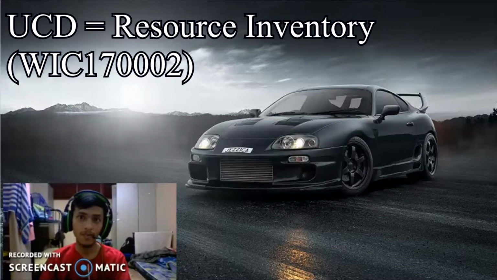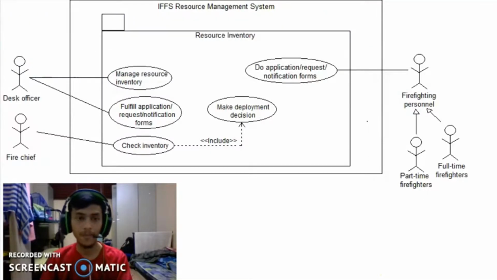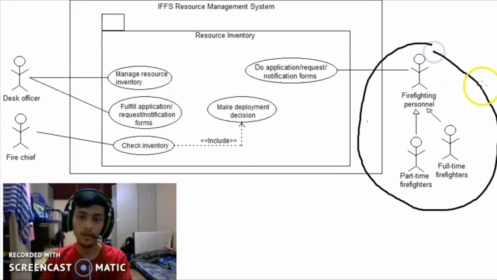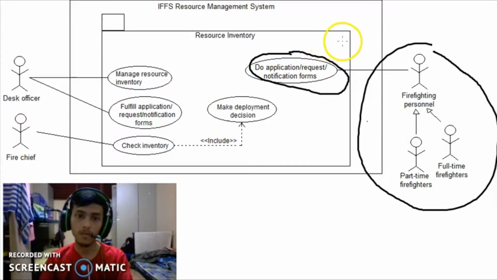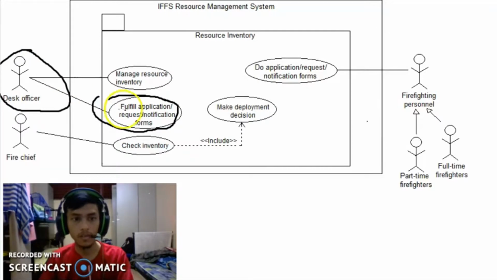Today, I will present our system, and this is half part of our UCD. This is our UCD resource inventory. Firstly, firefighting personnel, which consist of part-time and full-time firefighters, will do the application request or notification forms, and the system will store their form. Next, the desk officer will fulfill their application, request, or notification form, which the firefighting personnel did before.